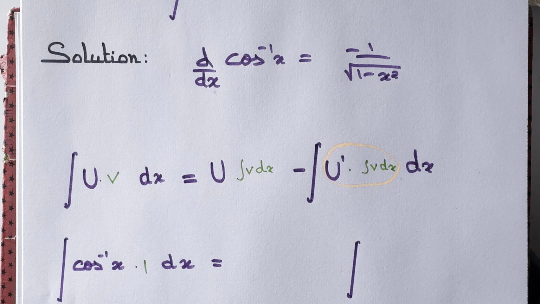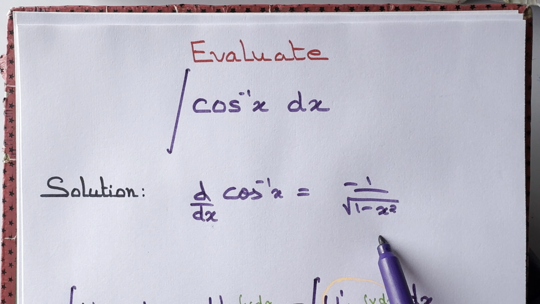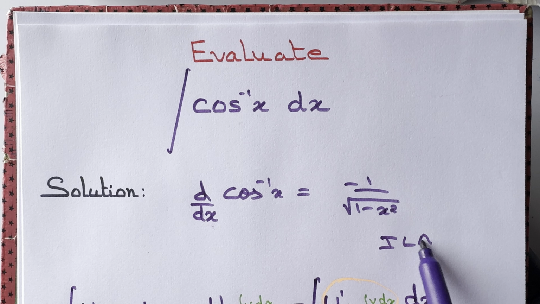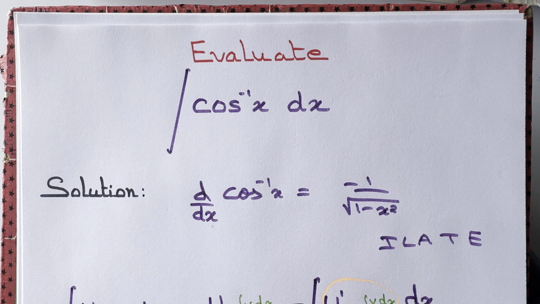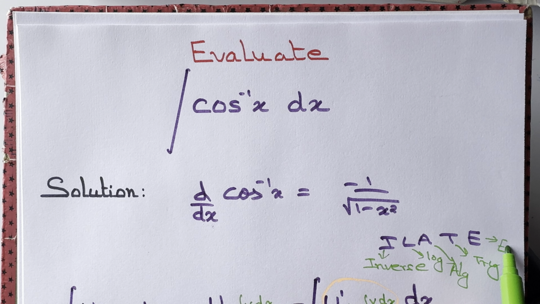Now we need to decide which one should be our first function. For that we have something called the ILATE rule, I-L-A-T-E. I stands for inverse trigonometric function, L stands for logarithmic function, A stands for algebraic function, T stands for trigonometric function, and E stands for exponential function.